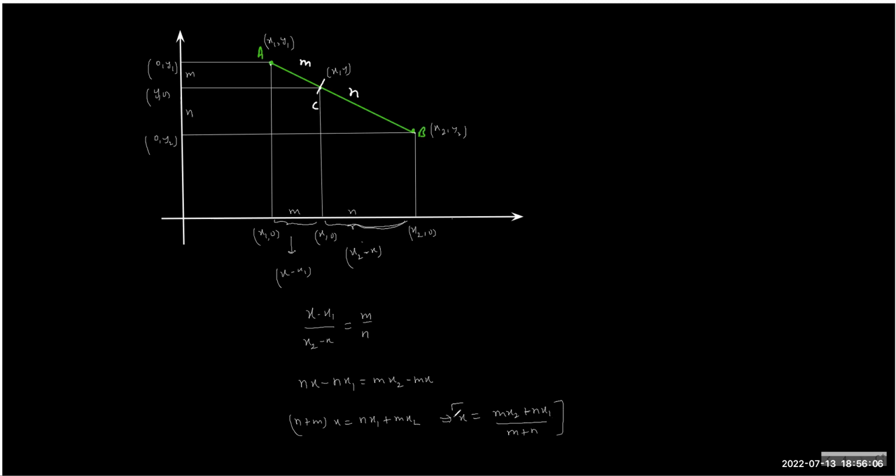This is what you studied in high school, right? The division formula of a line, and it's not difficult. We can do it by common sense, no need to mug up the formula. You can just do it like this.